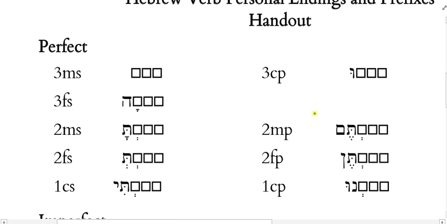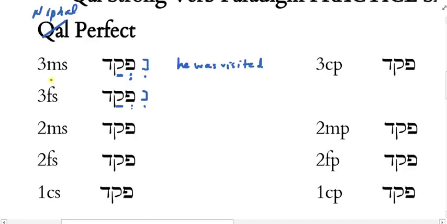So let's add these personal endings to our verb. So niphqad becomes niphqada if I want to say she was visited. Okay? Now, there's one minor change that has to happen here. When I add the qamets he, the dalet will no longer be closing the syllable.